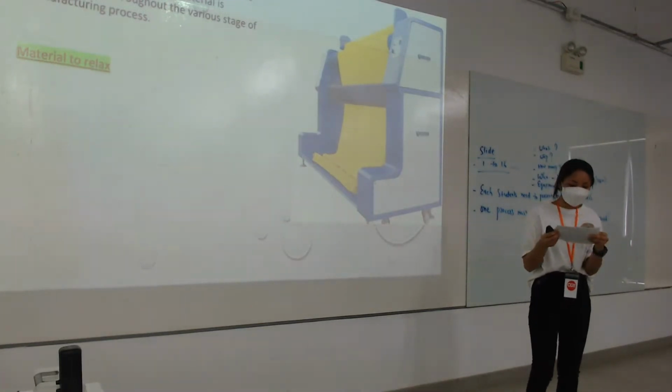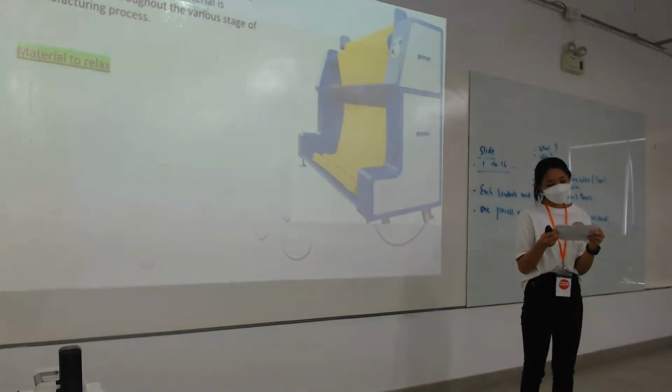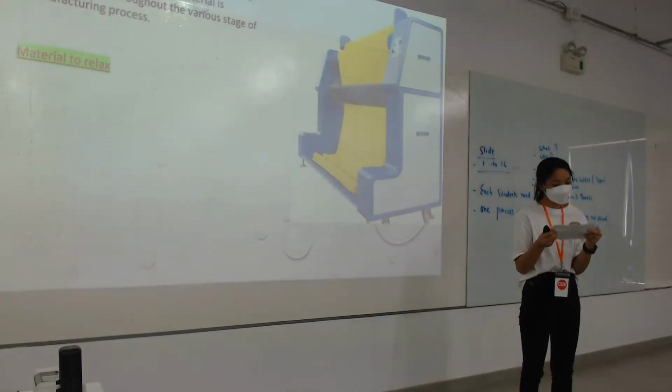The step is done by looking at each piece of fabric by hand, using a light spot to identify color inconsistencies or defects in the fabric.